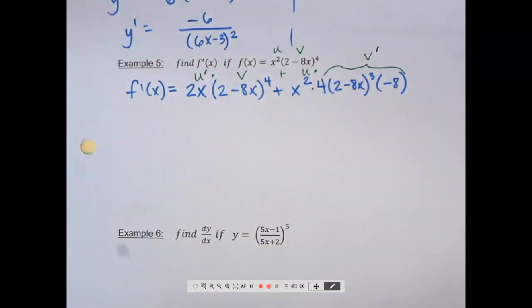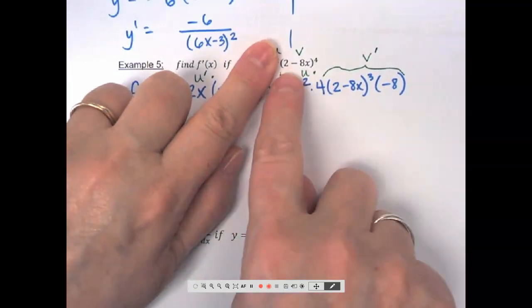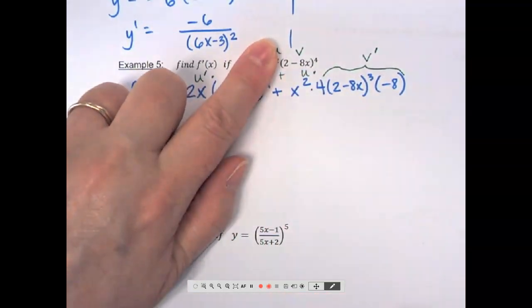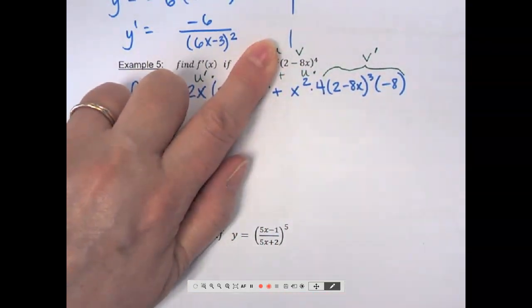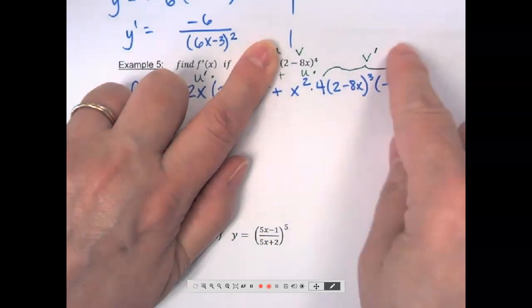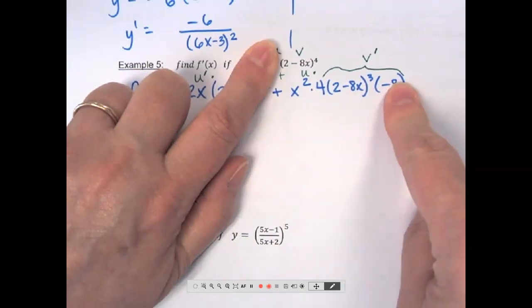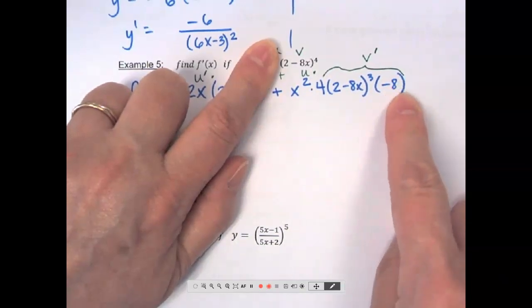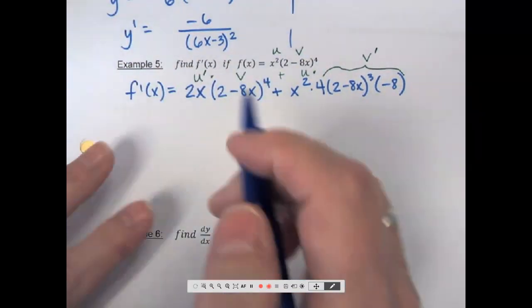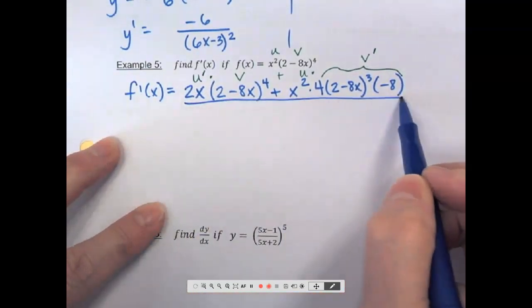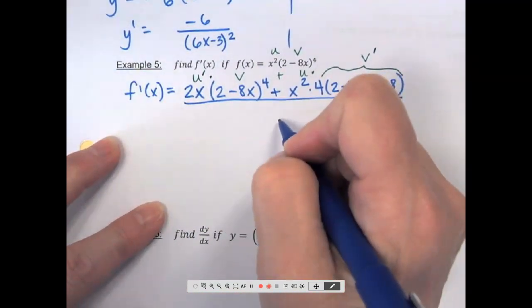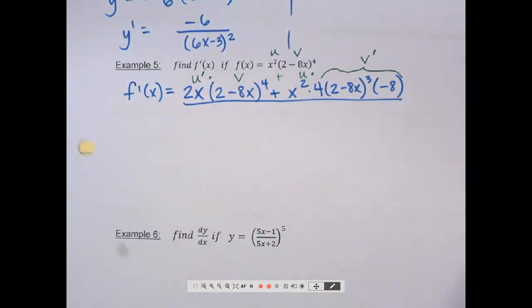My bad, I was buying into your quotient rule. Never mind, I'm done there. v is 2 minus 8x to the 4, but if I'm taking the derivative of it, I've got to deal with the 4, reduce the exponent, and then take the derivative inside.